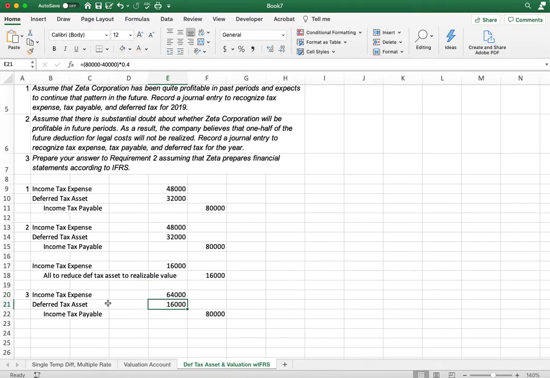And so you can see that the ending impact is the same because income tax expense under scenario 2 still ends up being that same 64,000. However, we're just breaking it down into these two different transactions using the allowance to reduce the deferred tax asset to realizable value, which doesn't happen in the IFRS scenario.